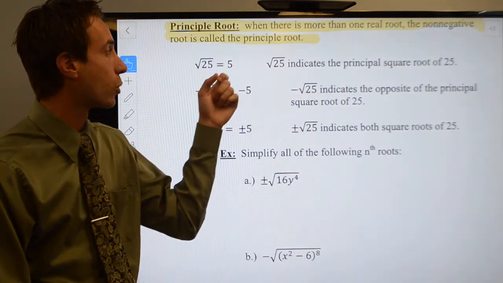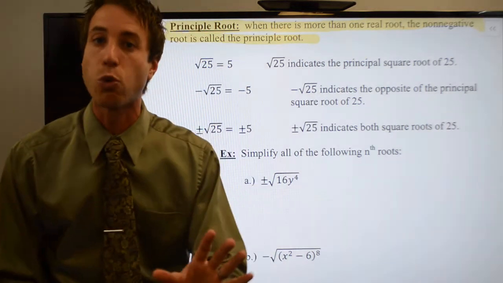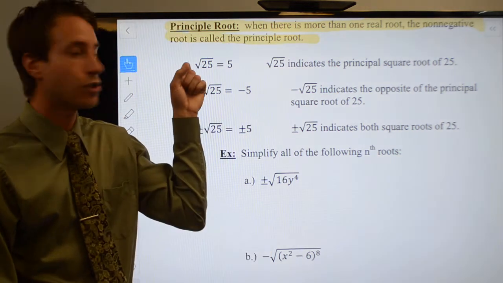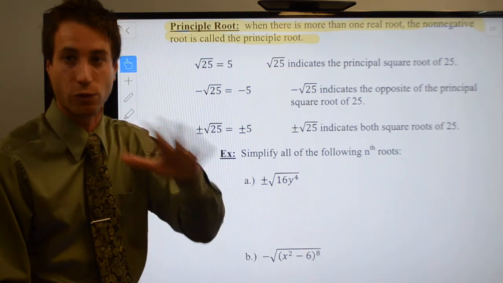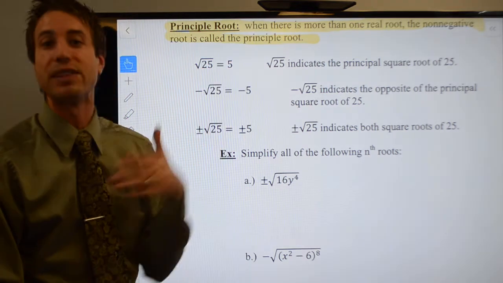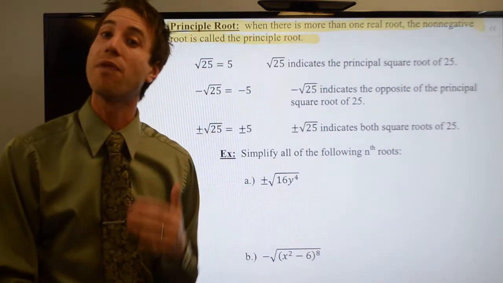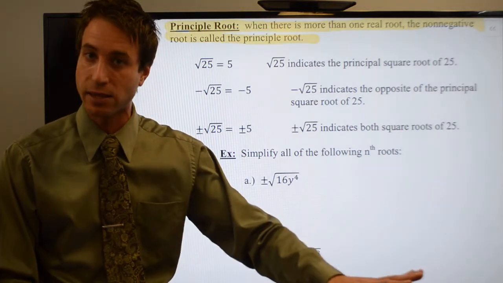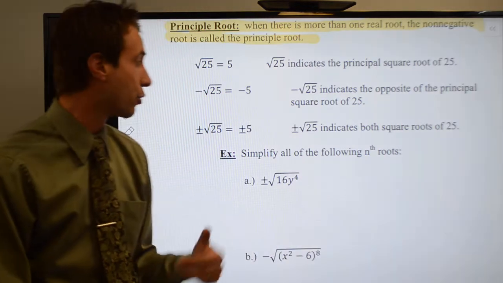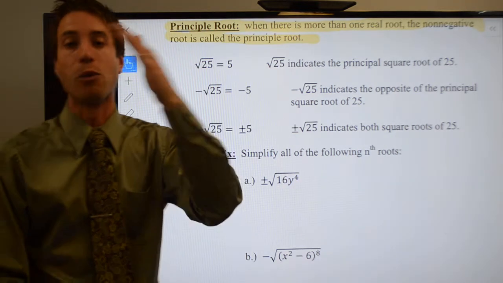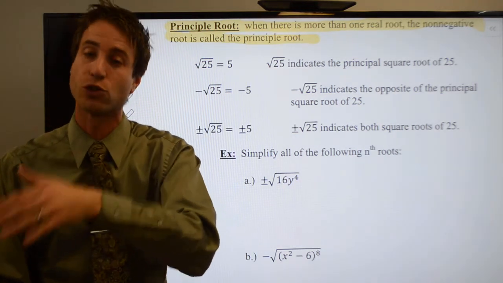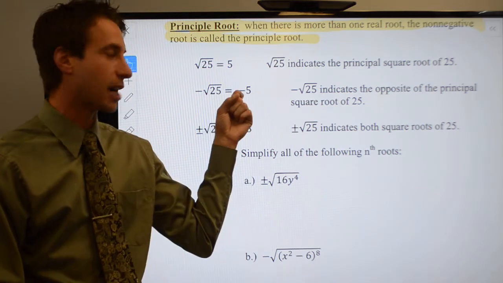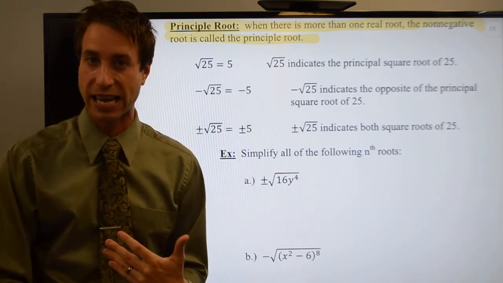I want the principal root, so you just give me the positive value of that particular root. In this case, the square root of 25 is just going to be a 5. You don't have to worry about doing plus or minus 5 anymore. Because it's a positive sign out front, which of course isn't written, it's implied, I want the positive root. If I want the negative root, starting now in this section through the rest of the chapter, I'm going to tell you. I will put a minus sign out front so that you know when you take the square root of 25, which is 5, you have to make it negative because I'm looking for the negative root.